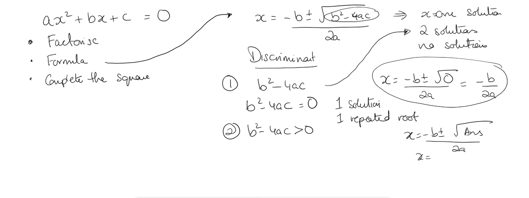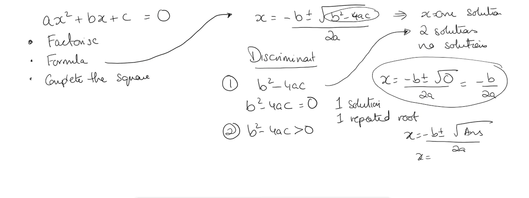You'll get x equal to an answer from just the positive outcome when you do plus, and then the second answer you'll get when you do the minus. So x is going to be two solutions. That is the outcome when b squared minus 4ac is greater than 0.